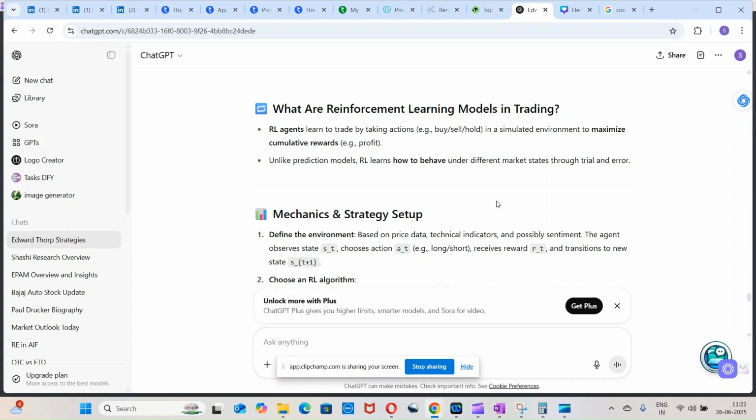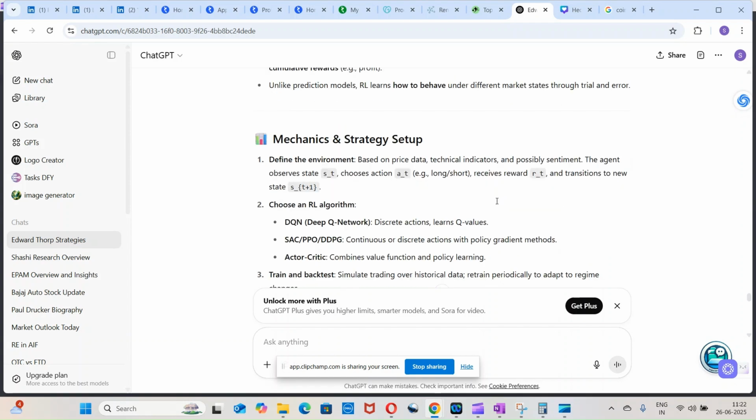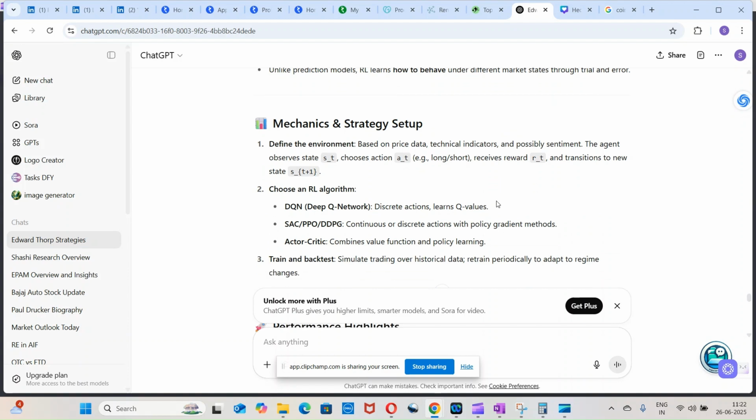If you want to set up these reinforcement learning prediction models, what we need to do first is define the environment, based on price data, technical indicators, and possibly sentiment. We need to give all the data to the reinforcement learning model: the price data, the technical indicators data, and the sentiment data.